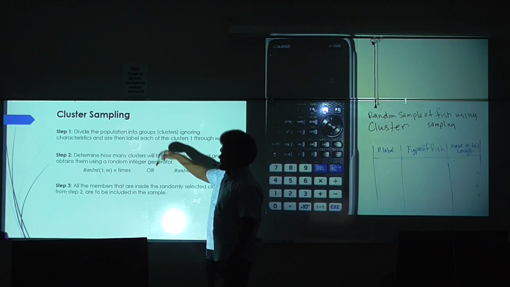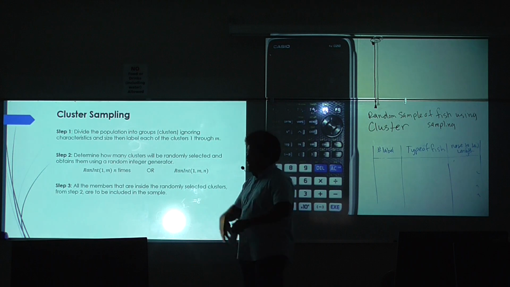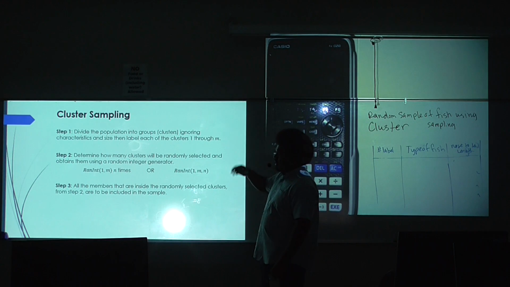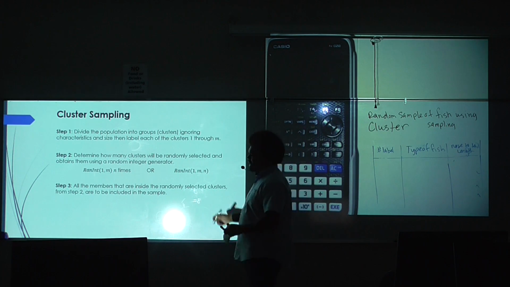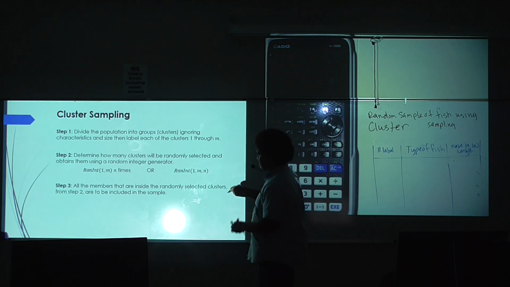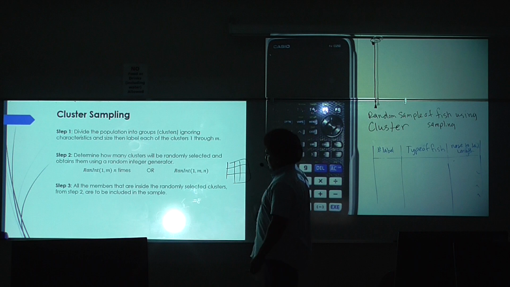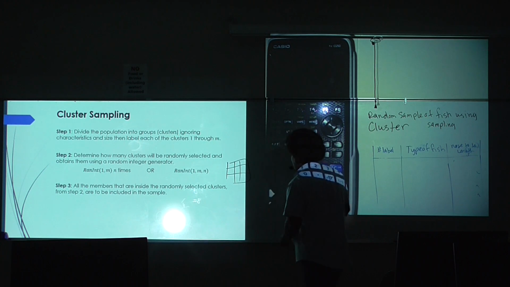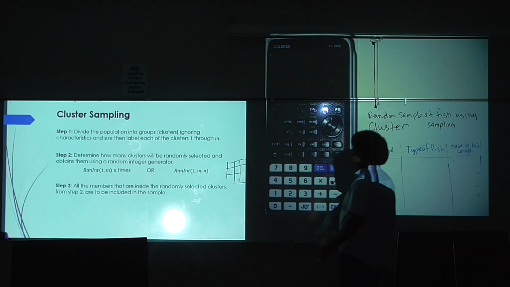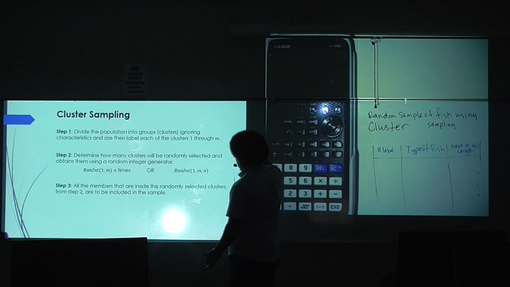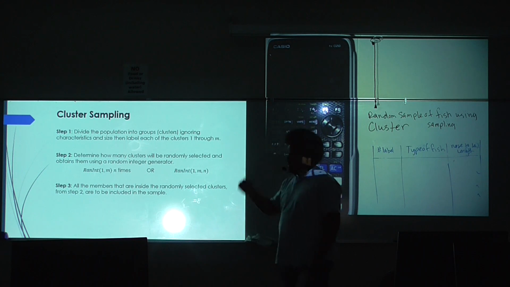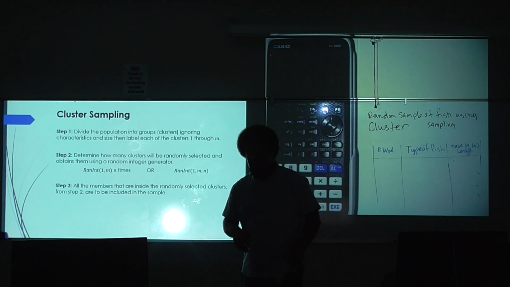I want the top right, top left, middle, bottom right, bottom left, and so on. However you want to section up the groups. You can think of it like the states of America, all 52 states.